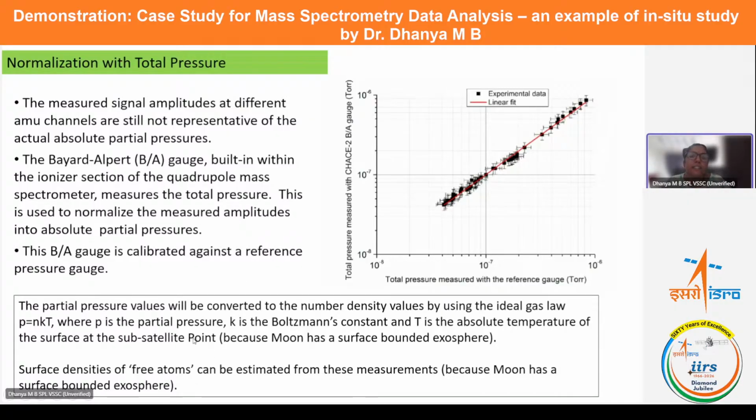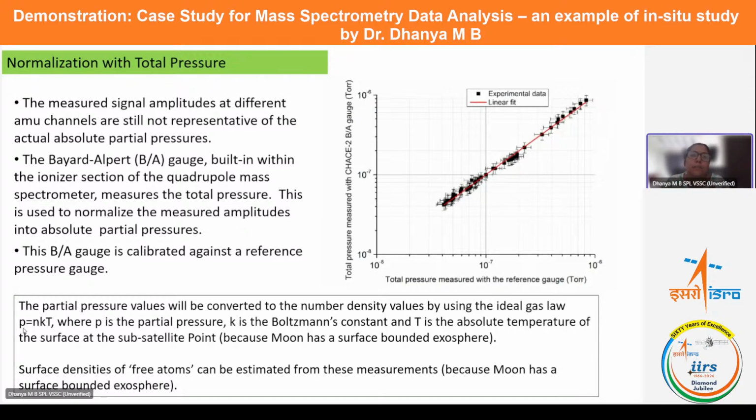Once we have these corrected partial pressures, then we can find the number density. For number density, we can use the ideal gas equation, P equals NkT. Now you have the corrected P, N is the number density, and T is the temperature of the medium. In the case of the Moon, the temperature is the same as the surface temperature of the Moon, and surface temperature data is already available from other measurements.